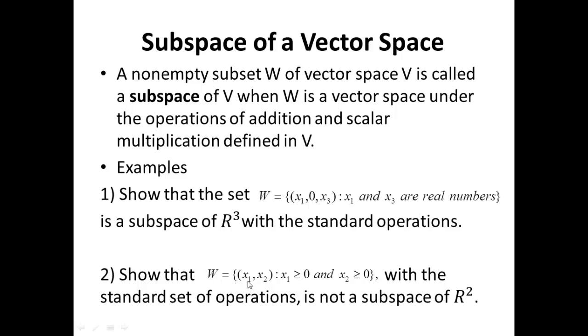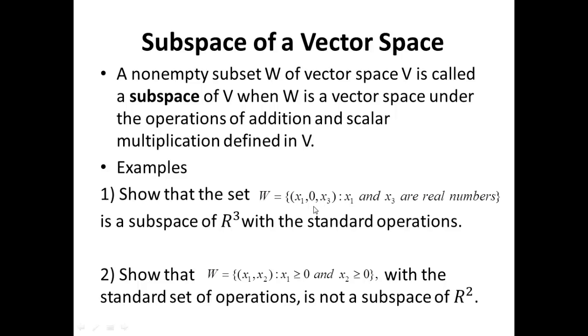Now if we go back to the first example, this is the set of all triples such that the first and the third components are real numbers. It doesn't matter whether they're negative, 0, or positive, they are real numbers, but the second component must be equal to 0.